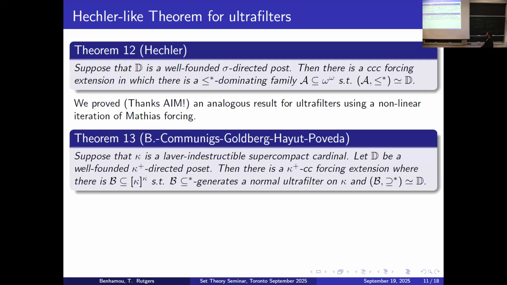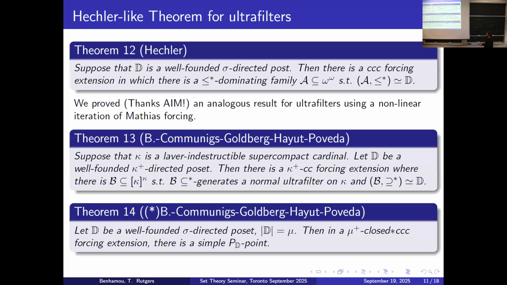Okay, so that's the measurable case, and we also have a version for omega. There's a star there, and again, sorry, James. Let D be a well-founded sigma-directed poset of cardinality mu. Then there is a mu-star-closed forcing followed by CCC forcing, in which there is a simple P_D point.